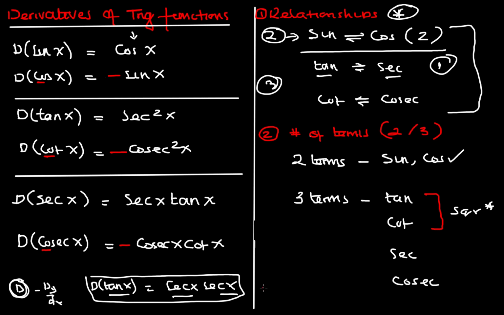So this is the final point, which is signs. So signs, we are going to have to remember that as long as it's got co, the derivative of anything that's got co is going to be negative. Okay, that's the other thing that we need to remember. So if I'm getting cosine, I'll get sine, I'll get negative. If I'm getting cotangent, I'll get negative. If I get cosec, I'll get negative.